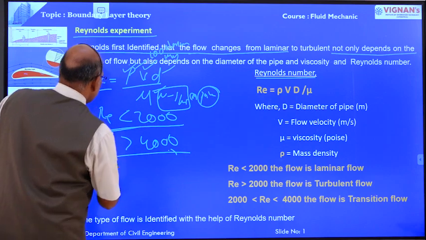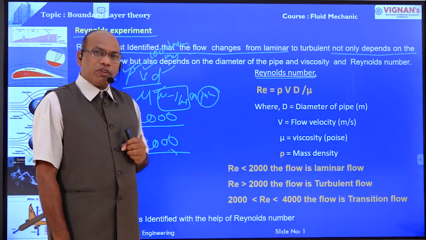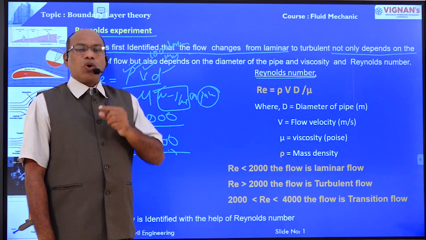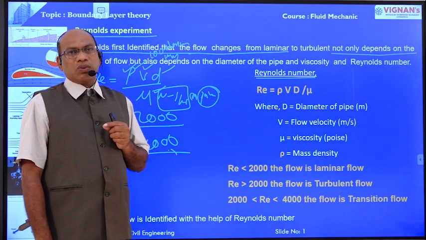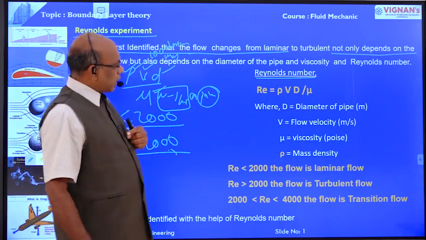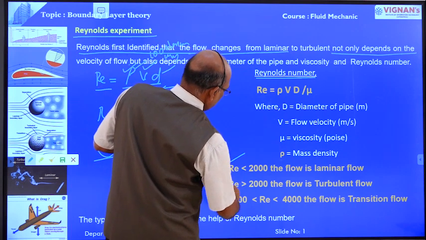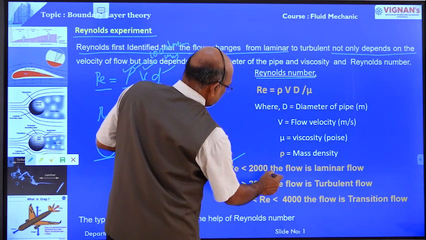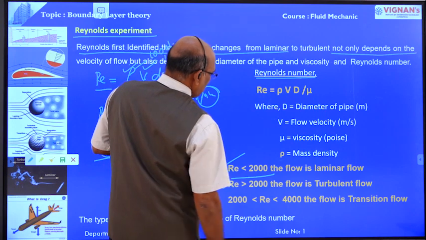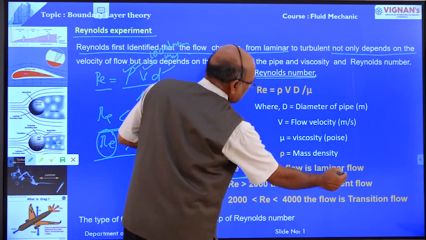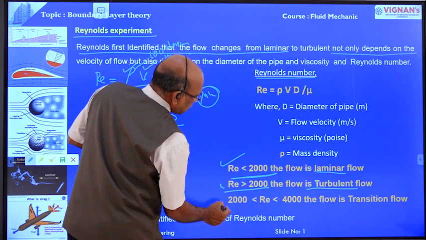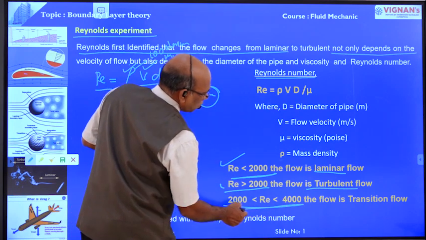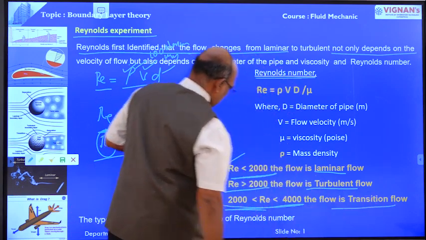Whereas if the Reynolds number is in between 2000 and 4000, the type of flow is known as transition flow.